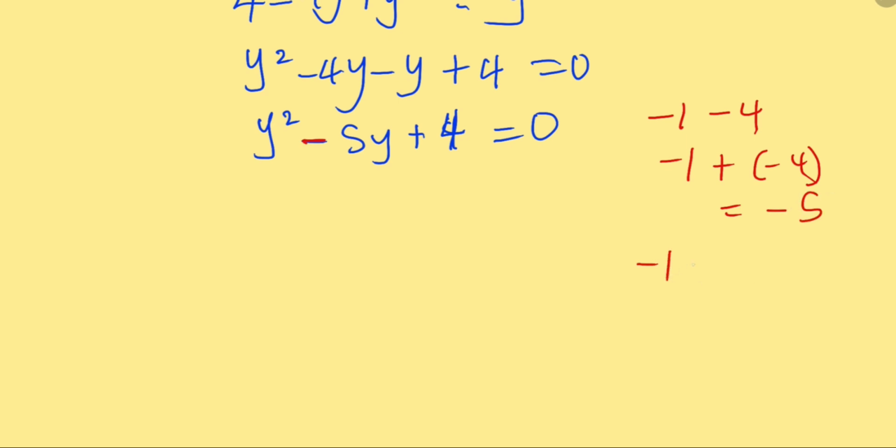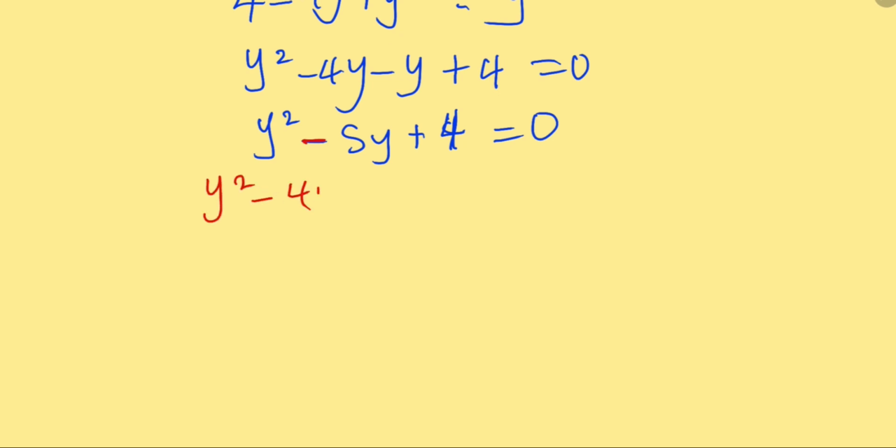And again, minus 1 times minus 4 will cancel out, you get 4. So we have y squared minus 4y minus y plus 4 equal to 0.